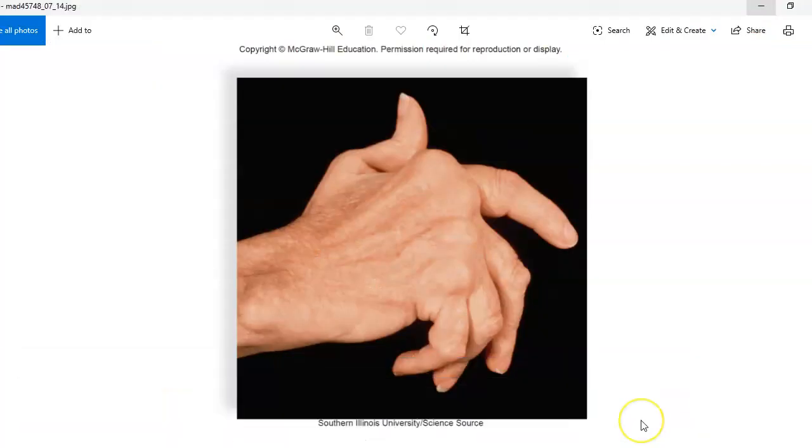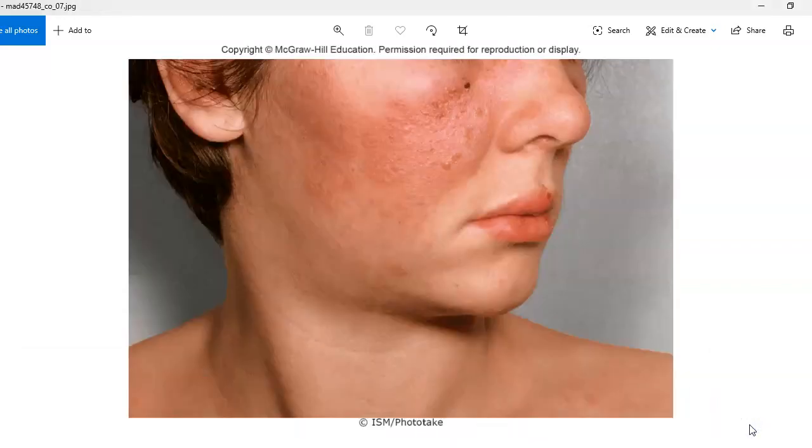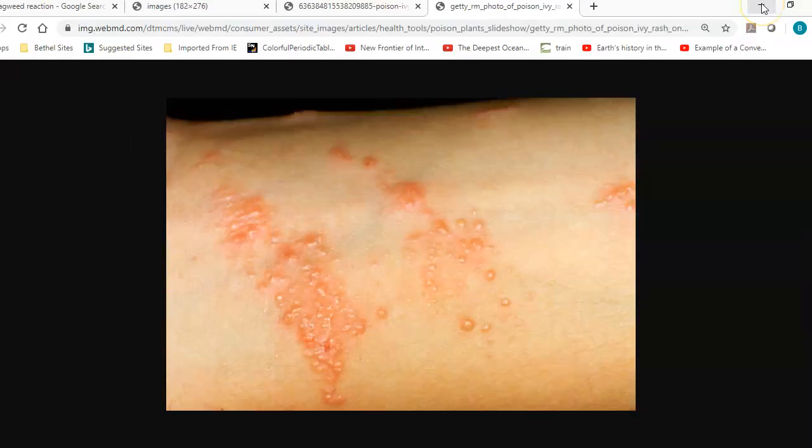Autoimmune diseases like rheumatoid arthritis, which is what you see here, where the body's own immune system is attacking the joints in this person's hand and no doubt elsewhere in their body. Also lupus, a broad spectrum autoimmune disease, most frequently typified by a butterfly-shaped rash across a person's face. These are autoimmune diseases, so there are different types of allergic responses.